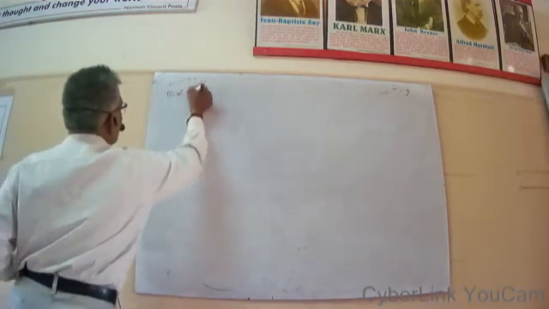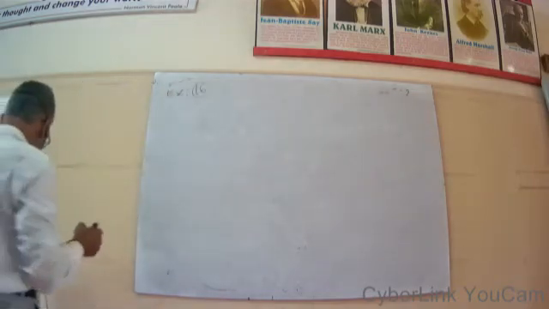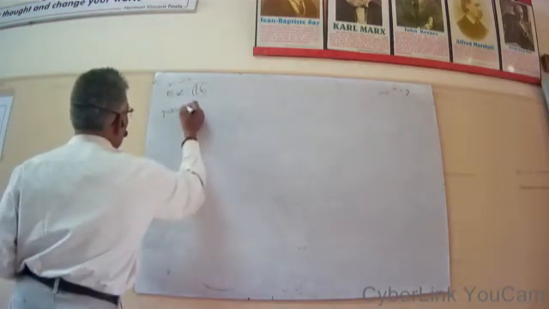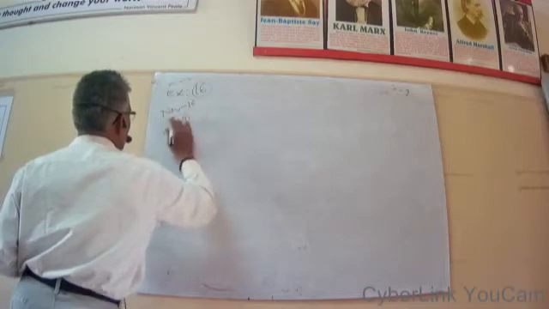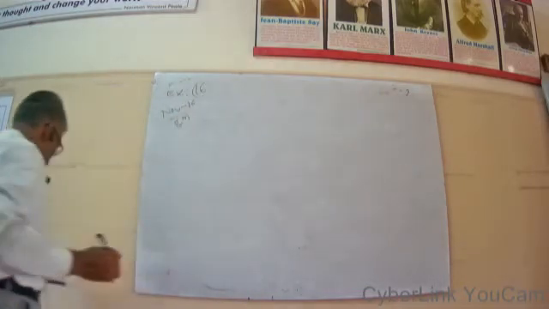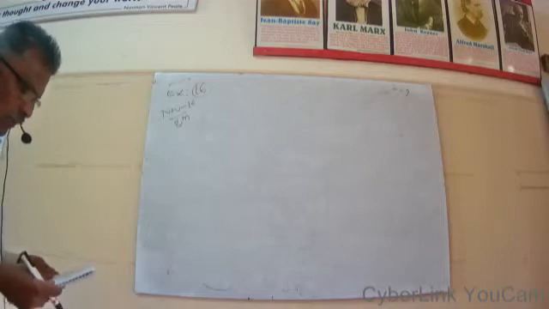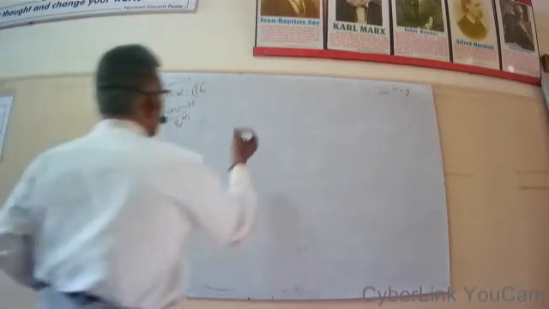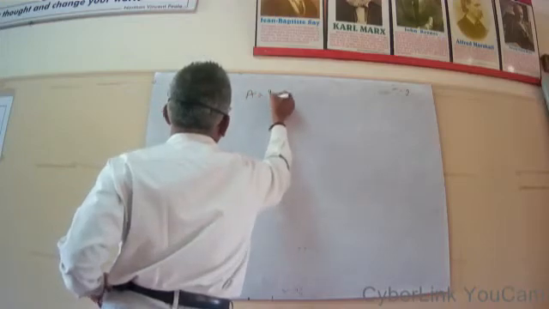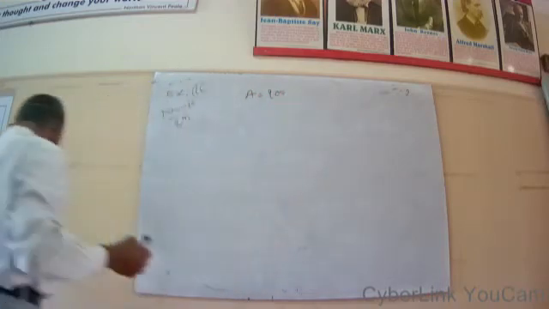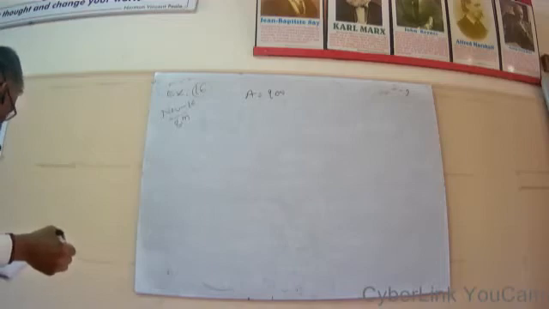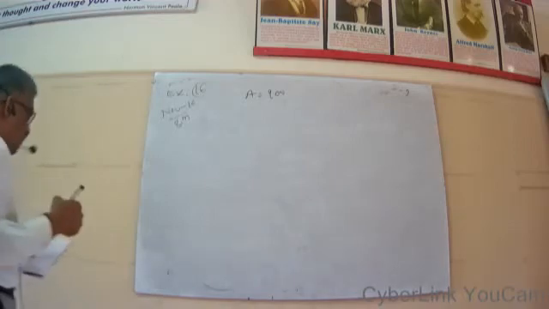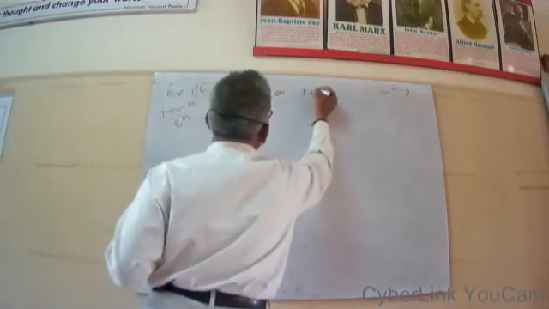Example number 16. This was asked in November 16, an 8 marks question. A sum of money put out at compound interest amounts to 900, so A equal to 900, at the end of first year, so T equal to 1 year.